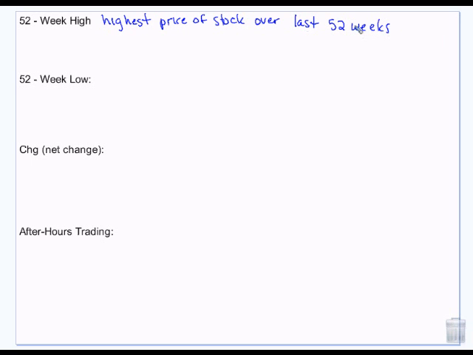It's not like a calendar year. And then the 52-week low is the lowest price.